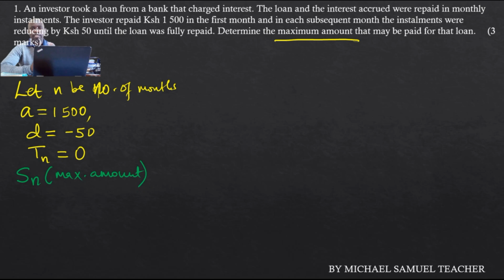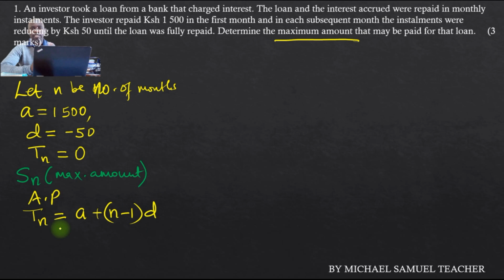Now, we compute the number of terms of an AP, that is arithmetic progression, and the nth term, Tn, is the first term plus n minus 1 in brackets multiplied by the common difference.